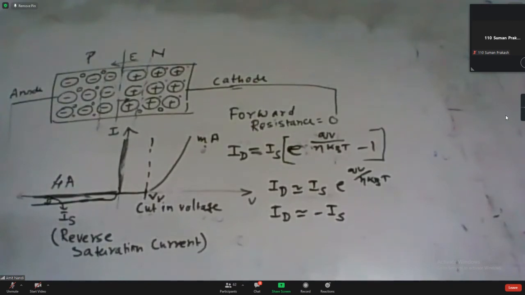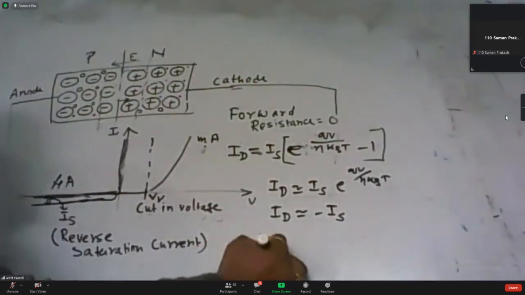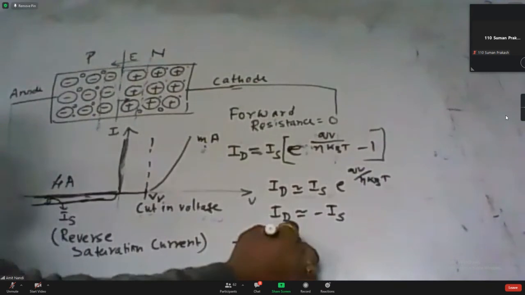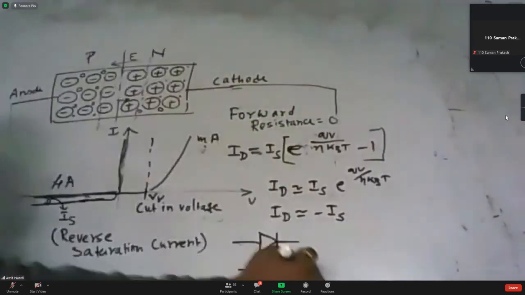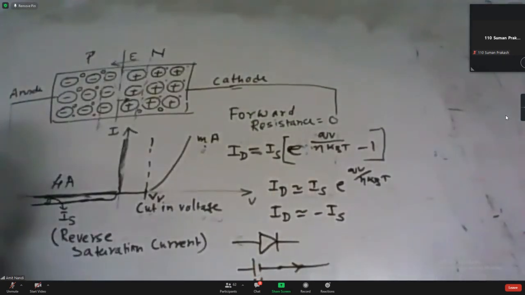So in that case, the diode can be represented in that way. Say a diode is present, that can be represented this way. If it overcomes the cut-in voltage, then it behaves like a closed switch under the forward bias condition.